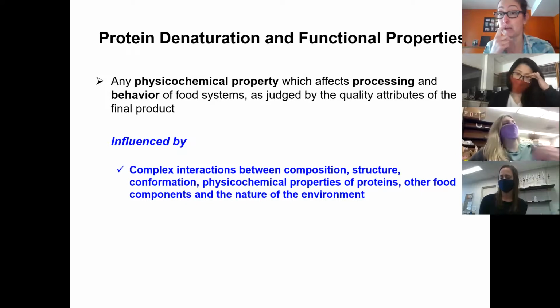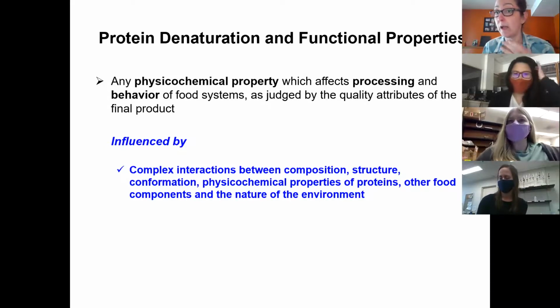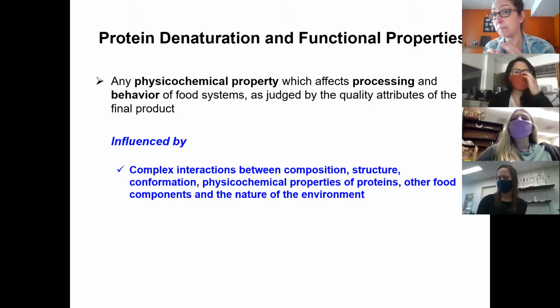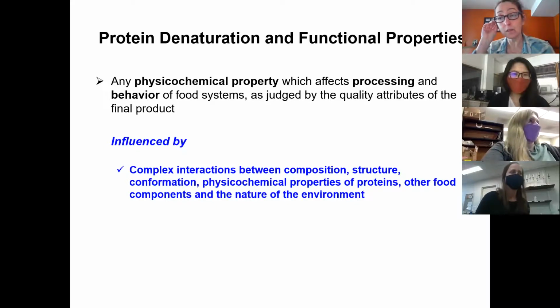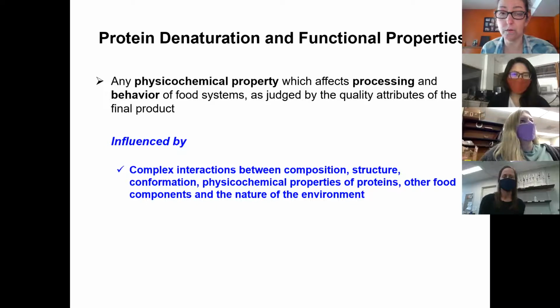How much water you have, do you have lipid, do you have carbohydrate, etc. And the nature of the environment, in this case pH and ionic strength. All of these impact the protein structure, and therefore they impact the protein functionality.